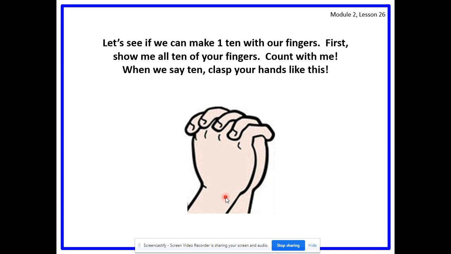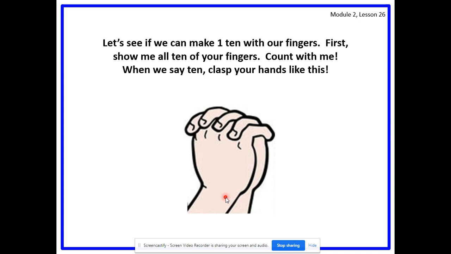When we say 10, put your hands together just like in the picture. Now, with our hands bundled like this, we have taken our 10 fingers and put them together to show 1 ten.